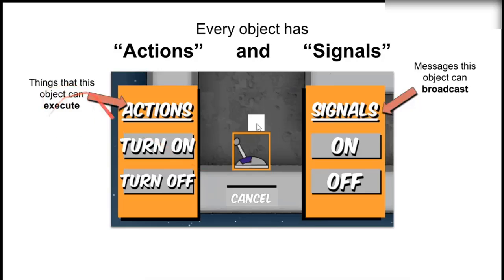Actions are things that the object can do, and signals are things that the object can broadcast. So just to really drive this home, in this case, the turn on action is literally flip this switch on. And the on signal is literally just, hey world, I'm on.